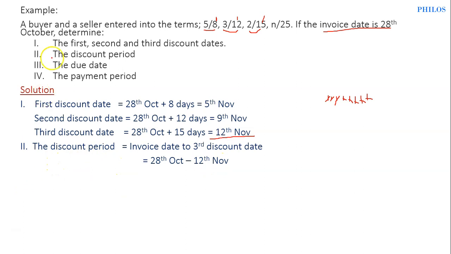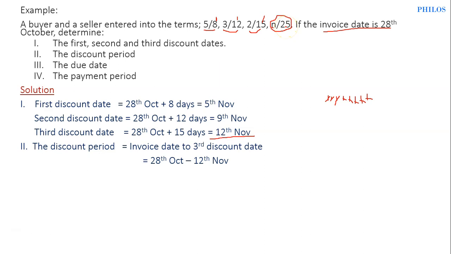And then Roman number 3 says we should find a due date. Now, to get a due date, we are going to use the same method we used in solving the discount date. But in this case, we will consider the net 25. So 28 plus 25 will give you 53, isn't it?